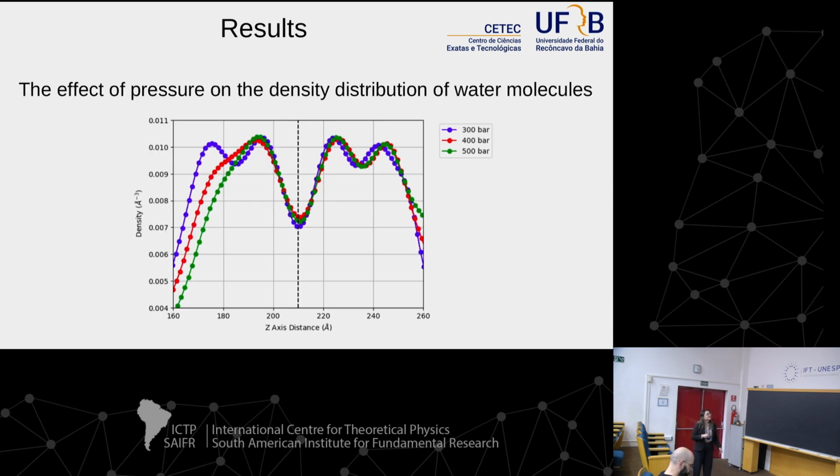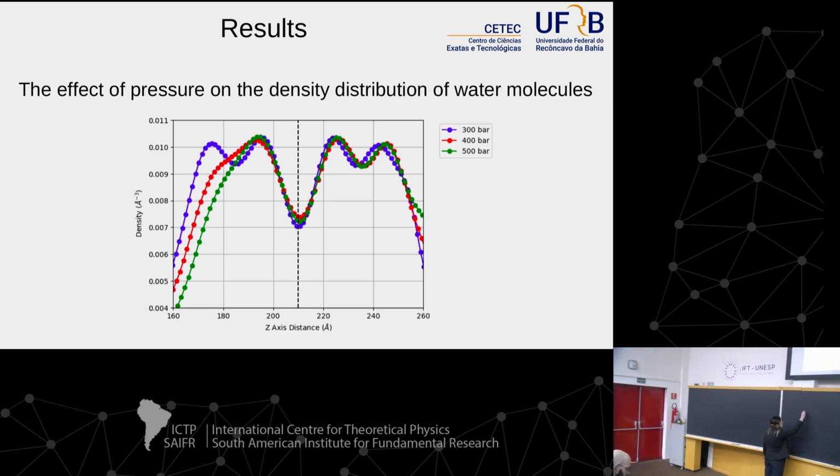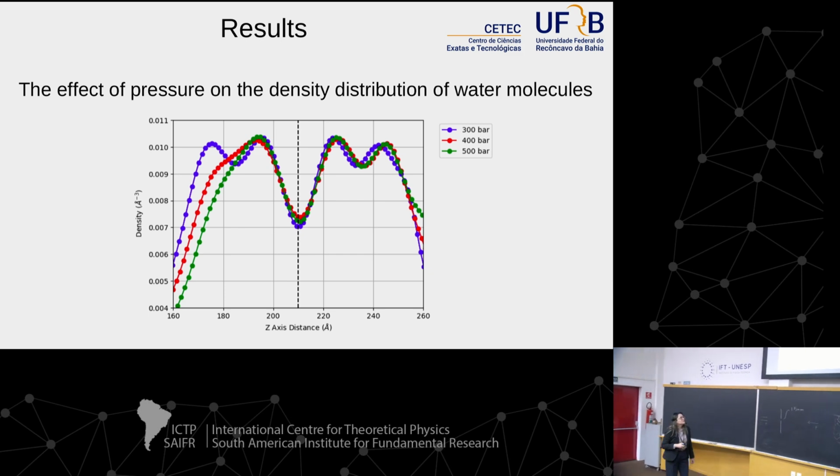Here we study the effect of pressure on the density distribution of water molecules. In this case, we have a slit of 1.5 nanometers. And we investigate the effect of the pressure difference between the pistons on the water density.